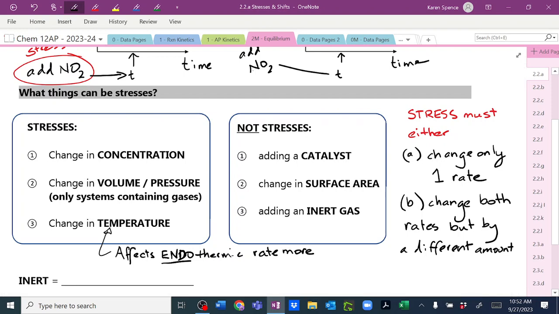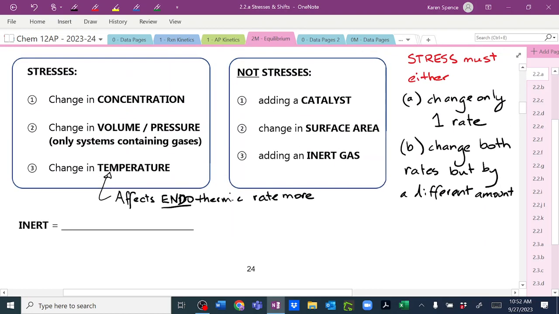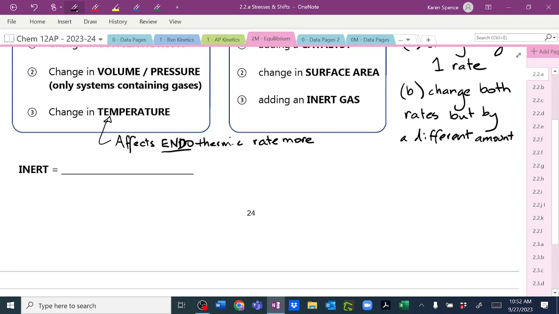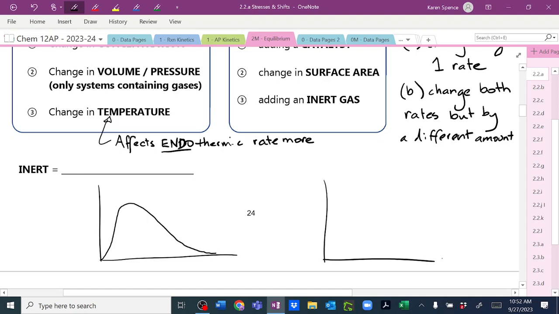We were kind of looking at this this morning. Maybe I'll draw it on here. If I have a curve like this, okay, and I have my reaction, that would be my activation energy of the endo or exo?